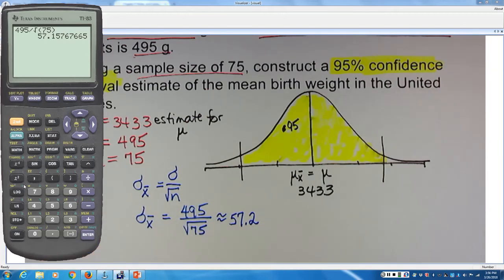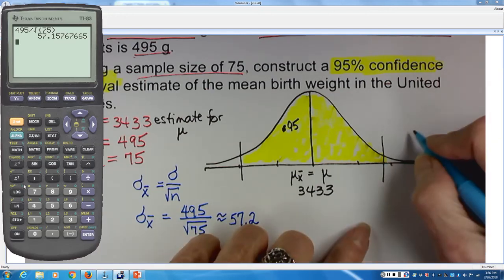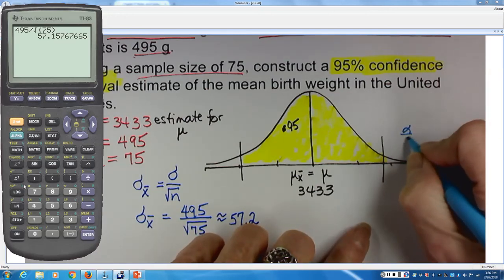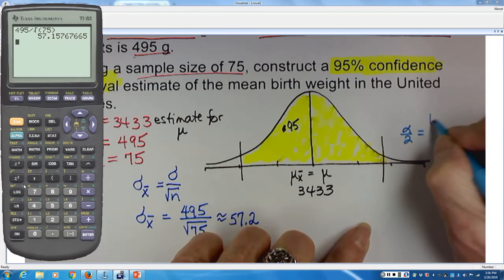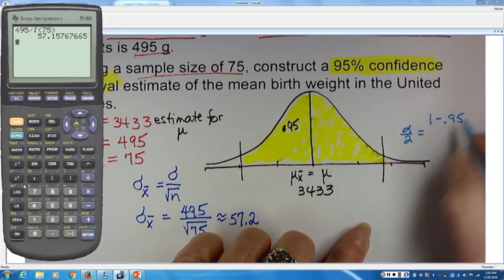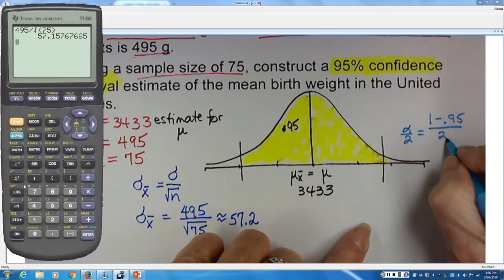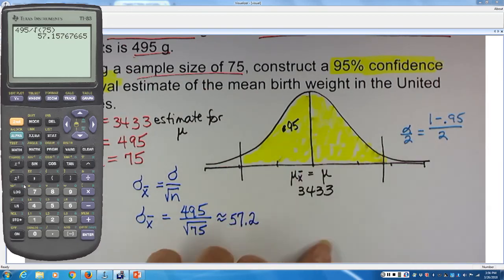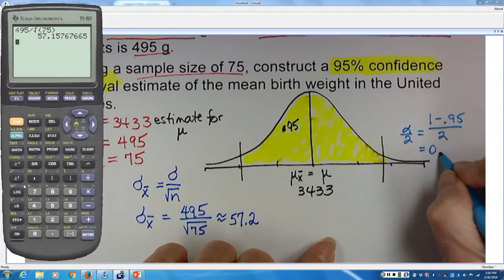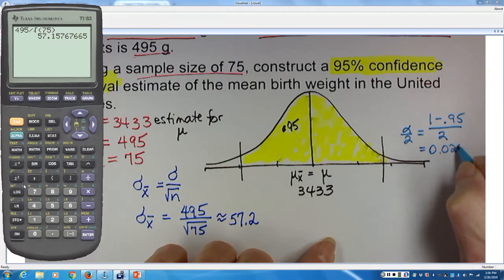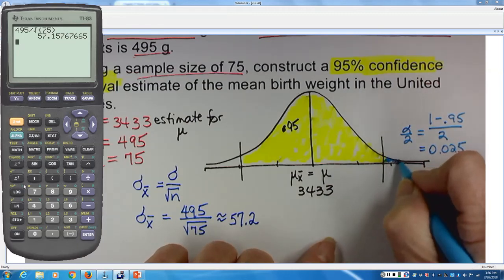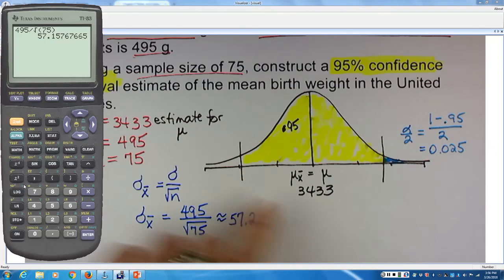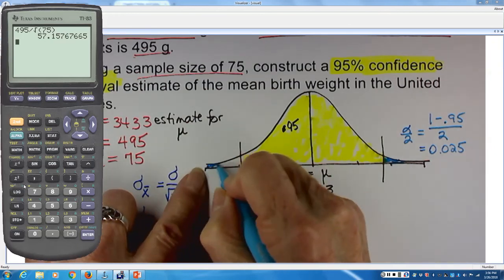And that means that the alpha over 2 value is going to be 1 minus 0.95 divided by 2. And since 1 minus 0.95 is 0.05, divided by 2, this is 0.025. And that same 0.025 is on this end.